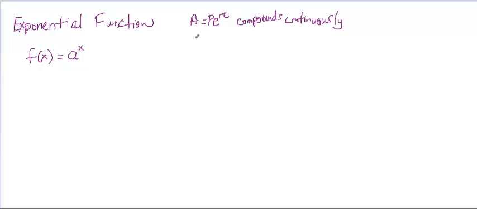It could also look different if it's compounded differently. We'll have 1 plus r over n to the nt. Again, t is that time that we have. It's just like saying there's an x there. So if anything's raised to the power of x, it's an exponential function.